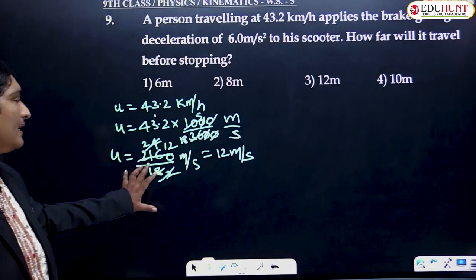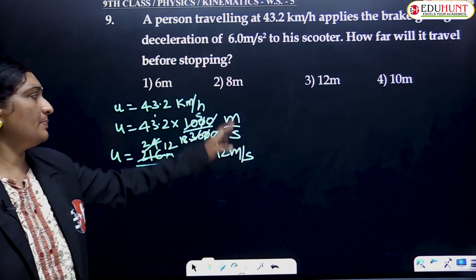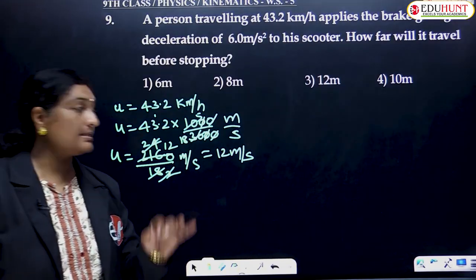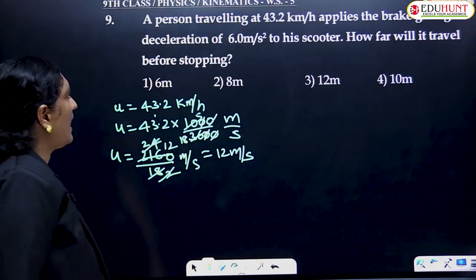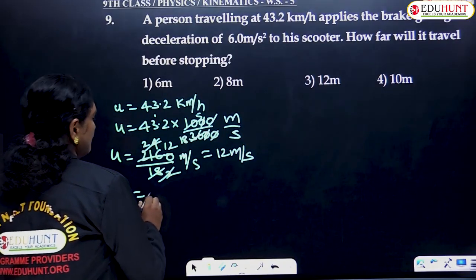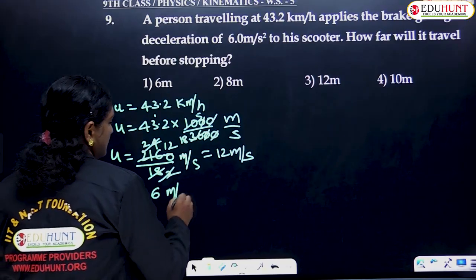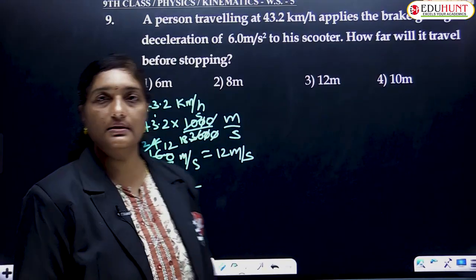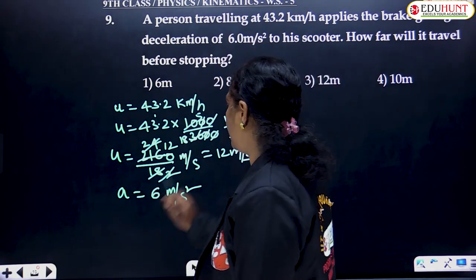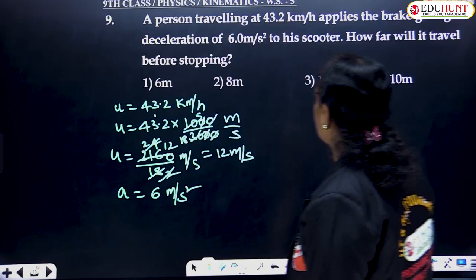So I have simply converted the value from kilometer per hour to meter per second, and you found that the value of U is 12 meter per second. And deceleration, which is nothing but minus A, was given to be 6 meter per second square. So U value was given as 12 and A value was given as 6.